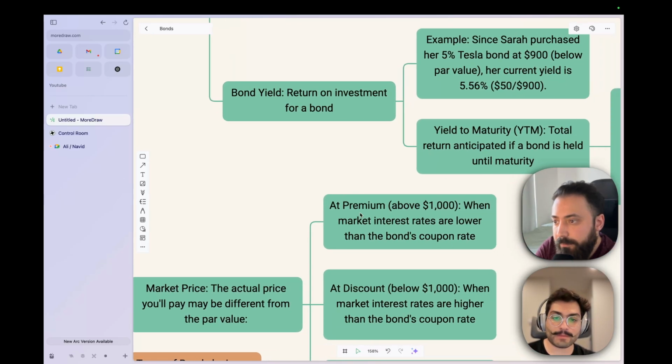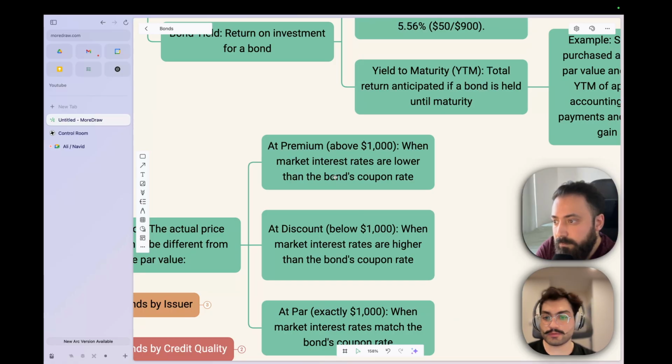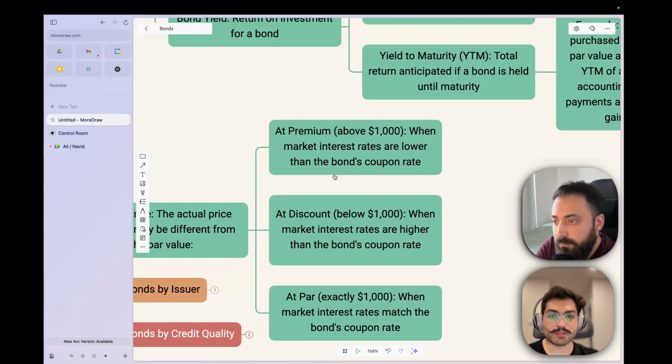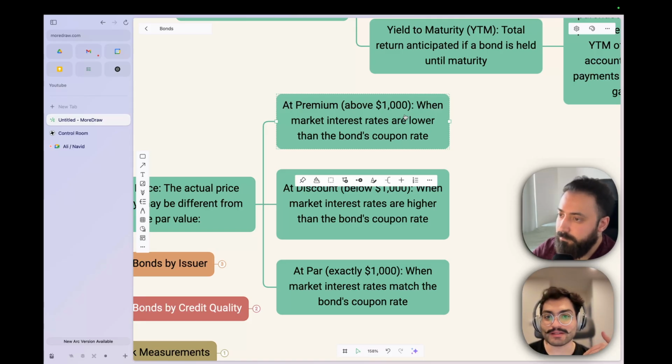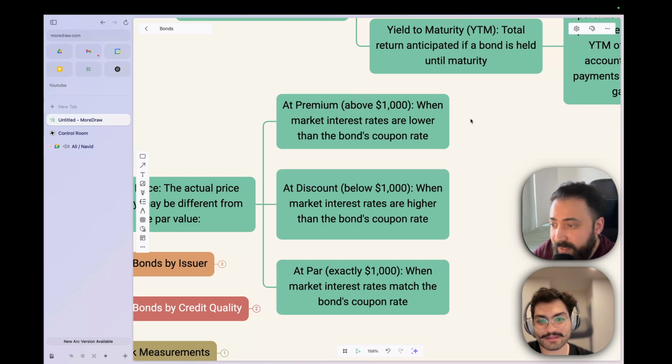So while buying a bond, you might see it is above 1,000, like 1,050. So sorry, is it lower than 1,000? No, this is above 1,000, this is the premium. Next, we have discount, which is below $1,000. Essentially, when it's a discount, what you are paying is, for example, $900.